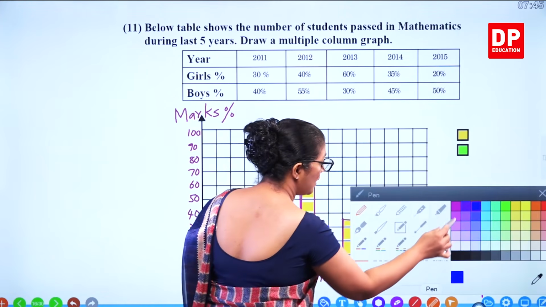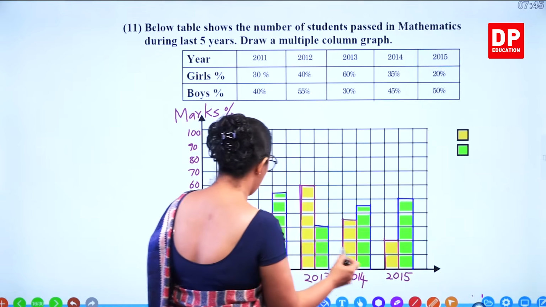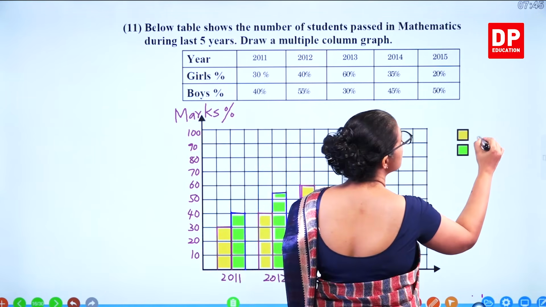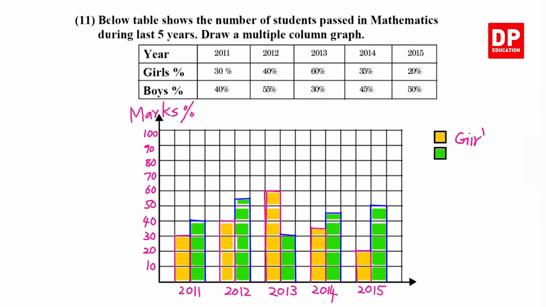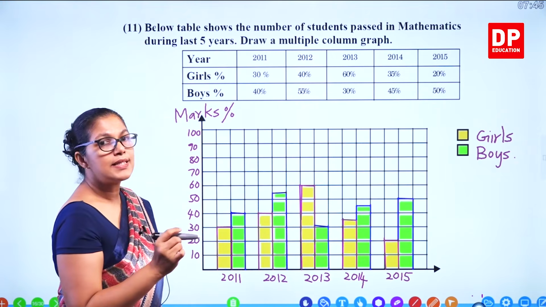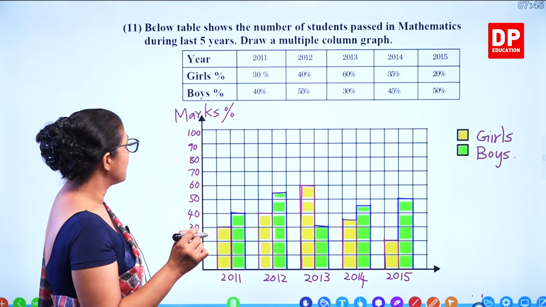And now we'll label. So here yellow means girls marks. Green means boys marks. So this is the multiple column graph.